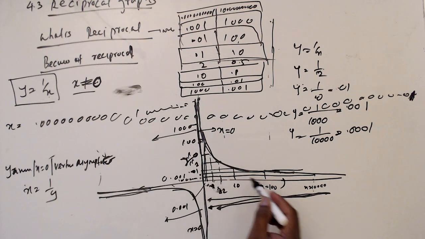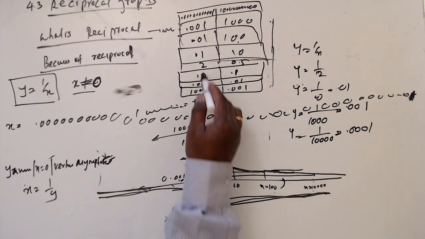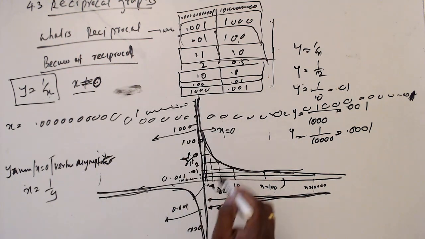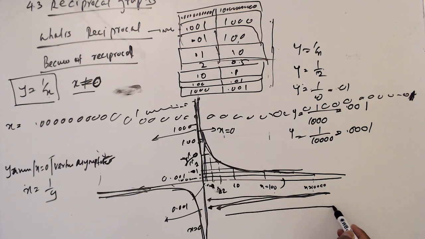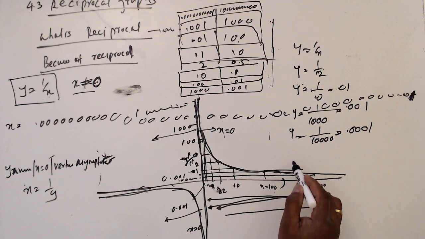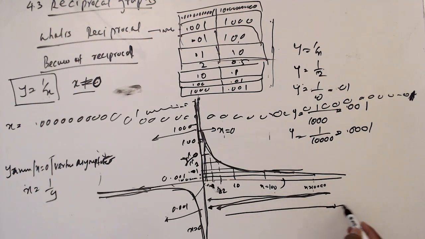In other words, when x is getting bigger and bigger, y is getting smaller and smaller.